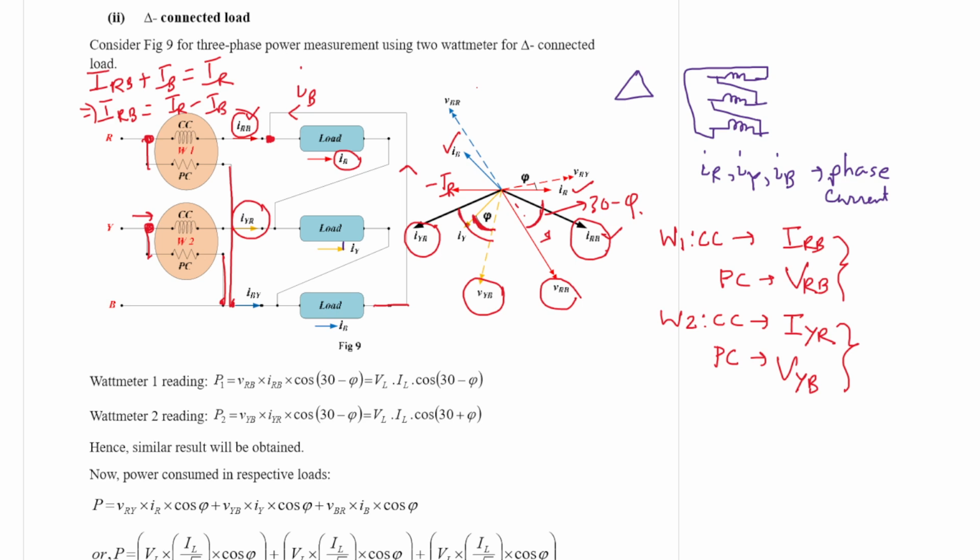So this total angle is 30 plus phi. The angle between VRB and IRB is 30 minus phi, and this angle is 30 plus phi.